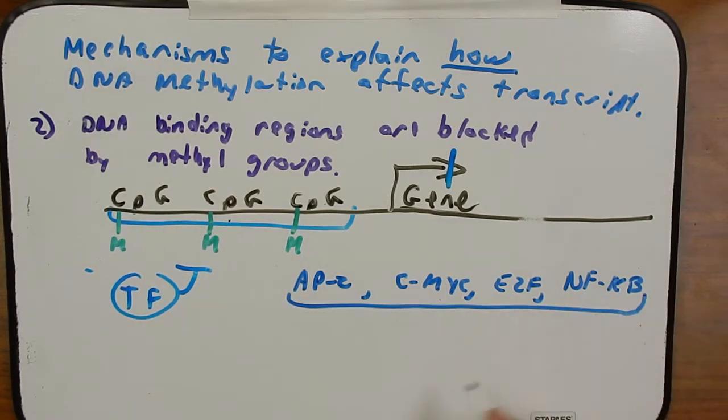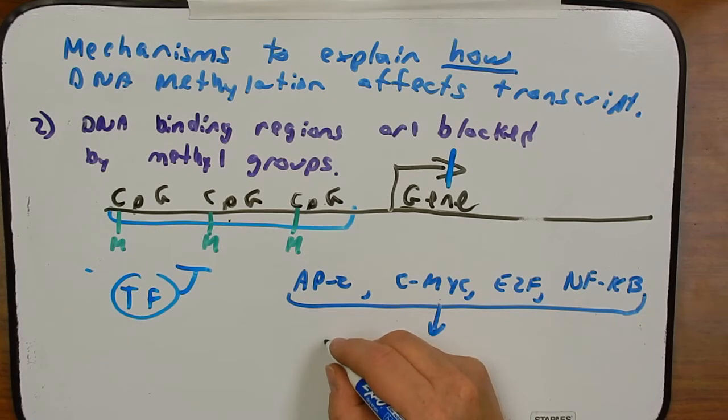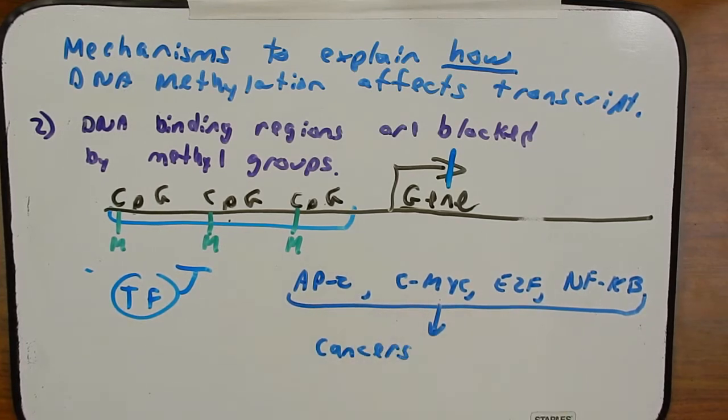Interestingly, all of these transcription factors have a link to specific cancers, which ultimately will bring us back to this later in the semester of talking about how methylation and epigenetics in general is linked to cancer.